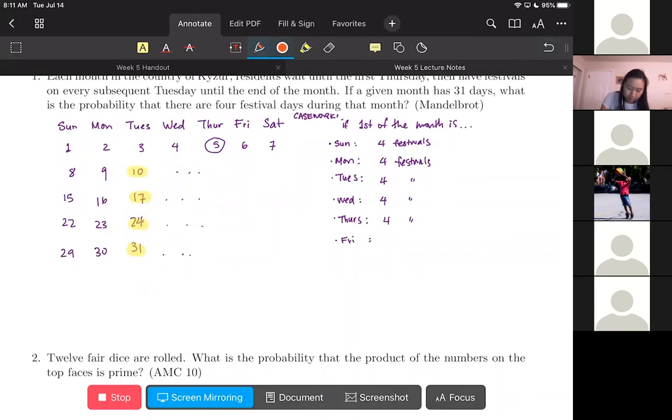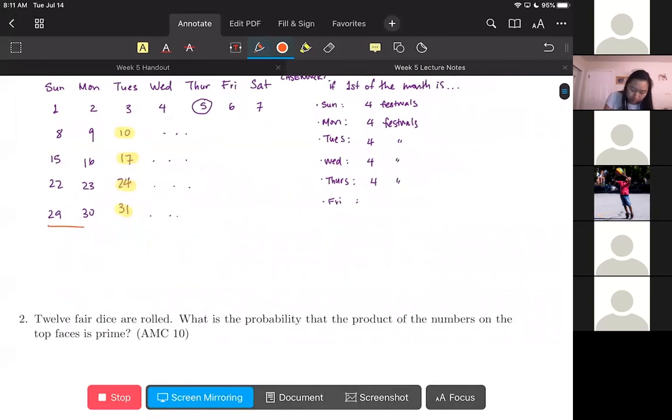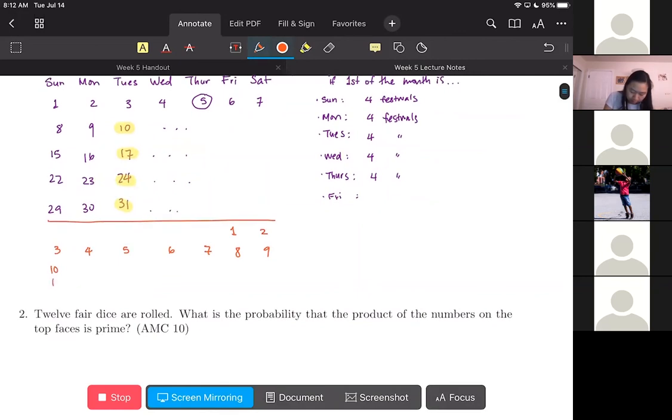So if the first day is a Friday, the calendar is going to look something like this. And I'm not going to write down all the numbers, but basically you have 10, 17, 24, and then 31 here.